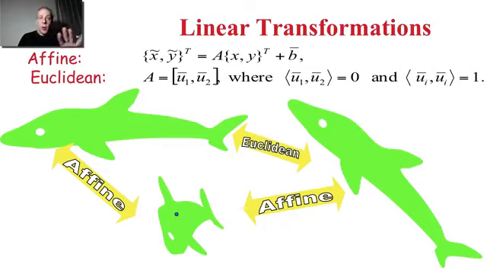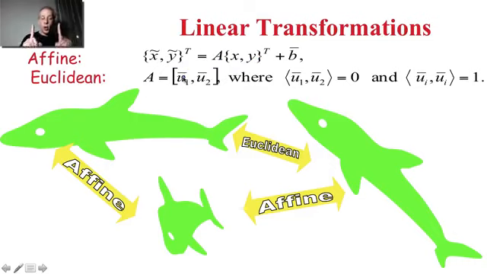If I only want to translate and rotate, so I rotate and translate, or I translate and rotate, that imposes some limitations in A, and it's not hard to show that in order to only allow rotations and translations, the two vectors of A, so A is a 2 by 2 matrix, I have here a vector that I get by a matrix multiplying a vector.